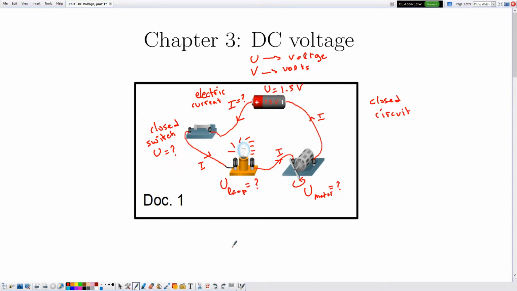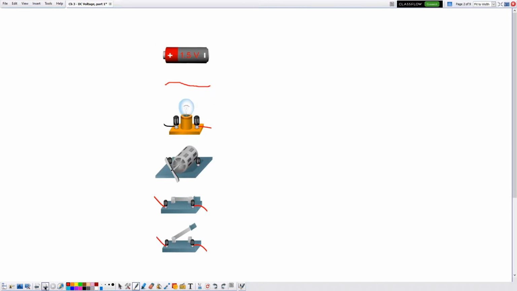In order to do so, we are going to apply a well-known trick in physics, the same one we applied in optics, which is drawing using symbols. Then let's give symbols for different electric components. So these are the electric components.